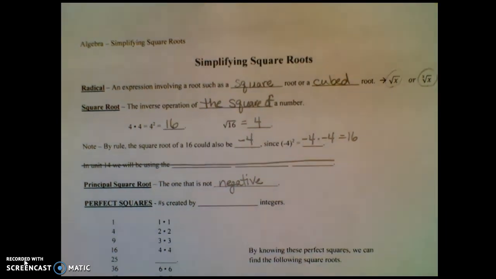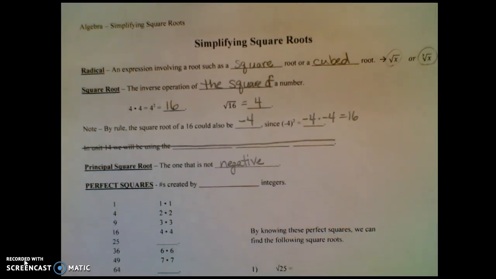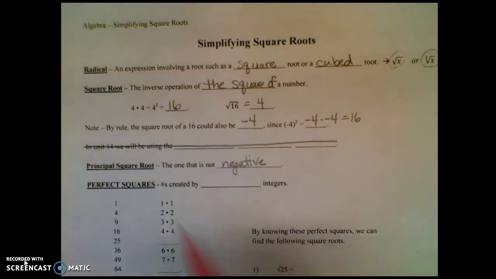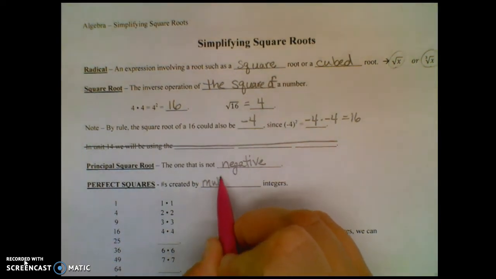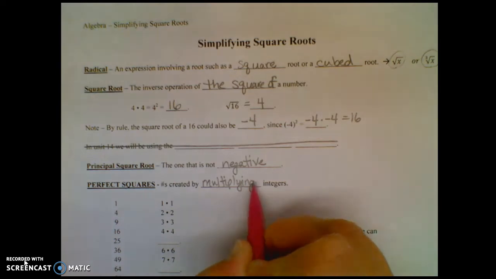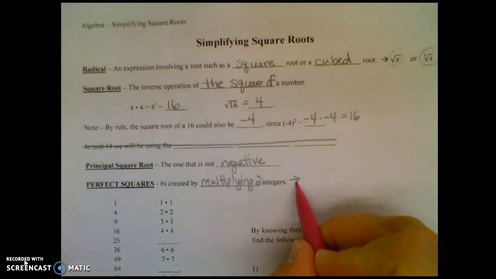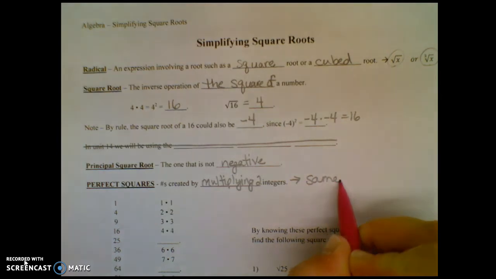Okay, we also have the perfect square numbers. And these are numbers that are created by multiplying two integers. And these integers have to be the same.